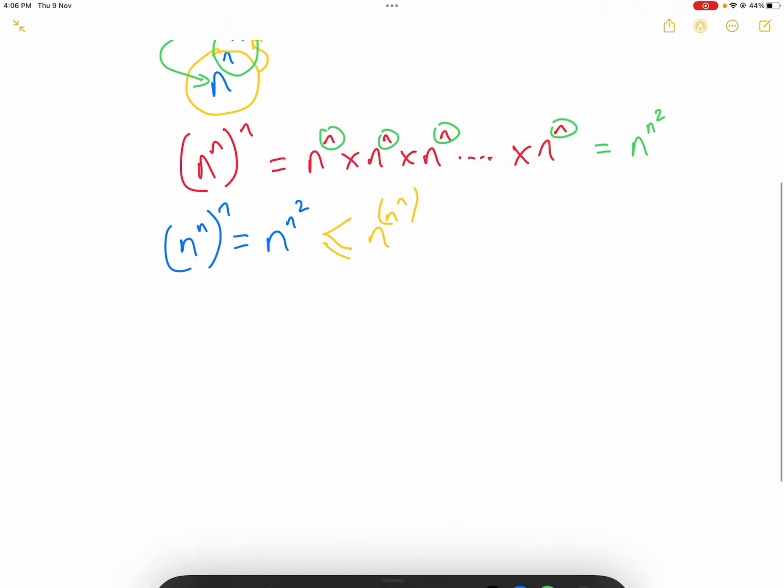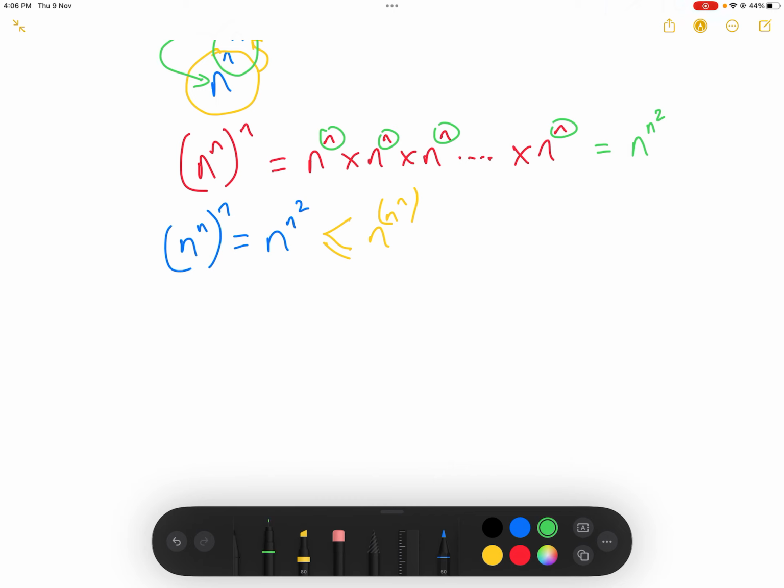So let's just have a quick look at n equals 1. For n equals 1, (n to the power of n) to the power of n, which is n to the power of n squared, is equal to 1. And n to the power of n to the power of n is 1 to the power of 1, which equals 1. So it's the same. What about for n equals 2?